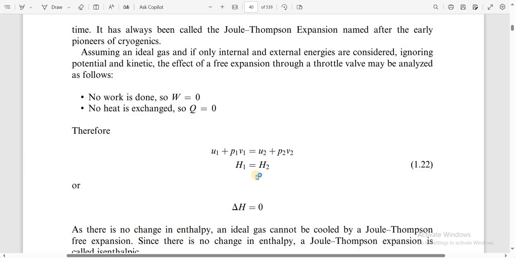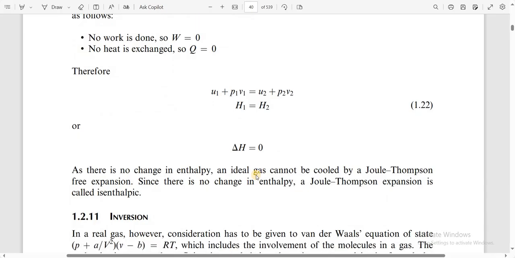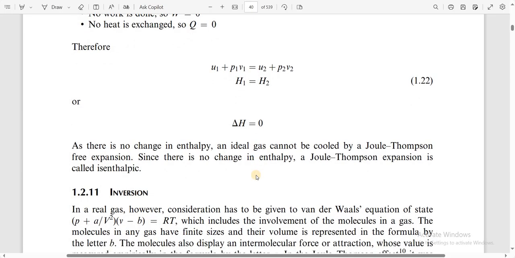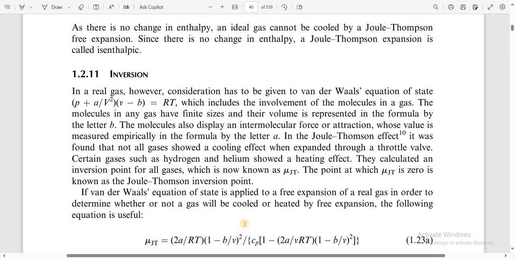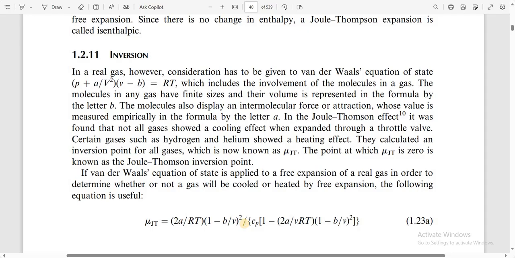So there is no change in enthalpy, as an ideal gas cannot be cooled by a Joule-Thomson free expansion. Since there is no change in enthalpy, a Joule-Thomson expansion is called isenthalpic.